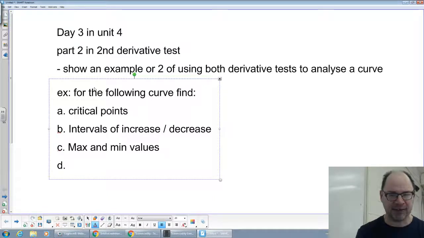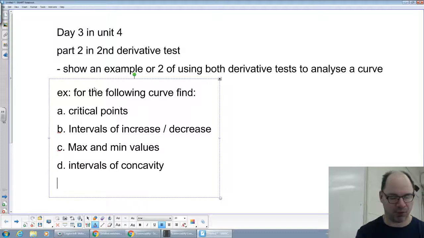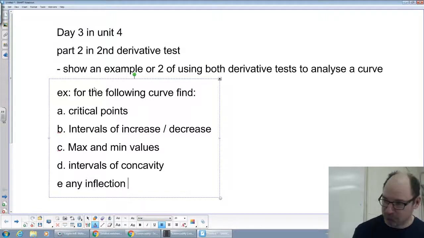Then D, concavity, or intervals of concavity, and any inflection points. I can't spell it; been a problem my whole life.